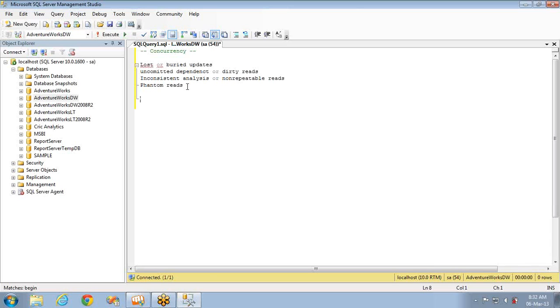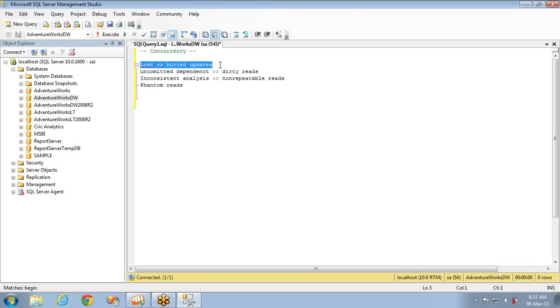Now let's discuss each one first, then you will get a clear picture of why it leads to these kinds of problems. First, lost or buried updates. These are the problems of having concurrent reads or updates.